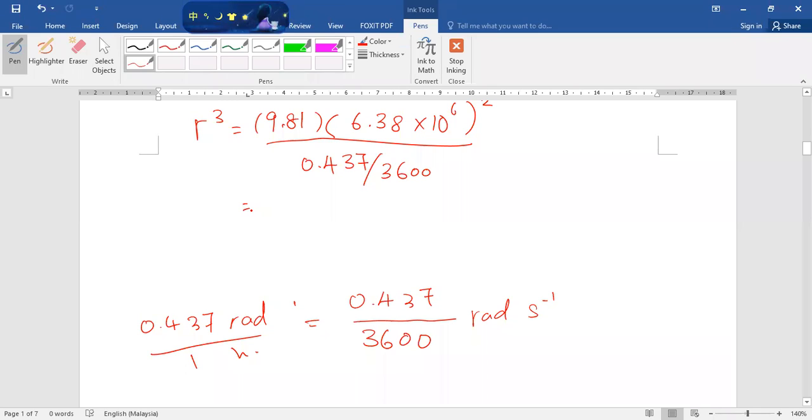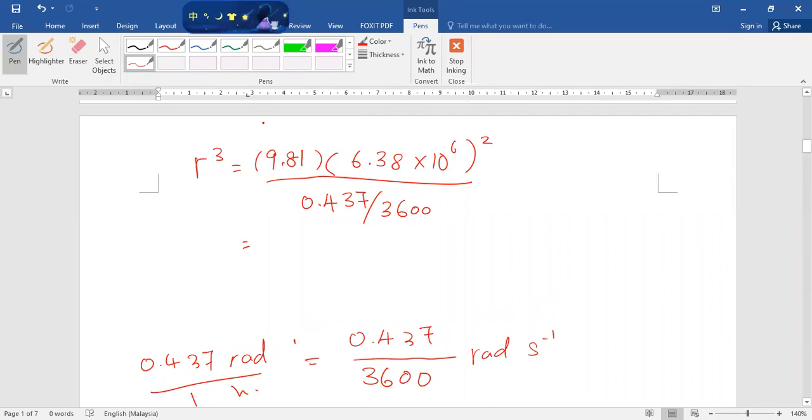So from the calculation, 9.81 times 6.38 times 10 to the power 6, squared, divided by the angular velocity squared.